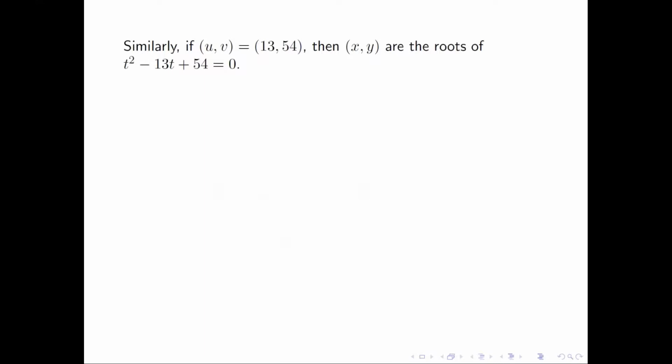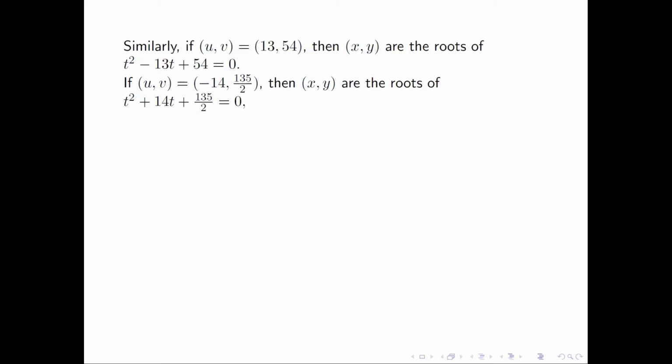Similarly, if u and v is the second pair, 13 and 54, then x, y are the roots of t squared minus 13t plus 54 equals 0. The third pair is negative 14 and 135 divided by 2.